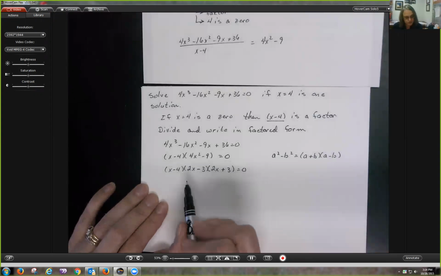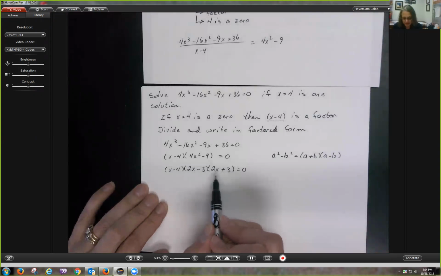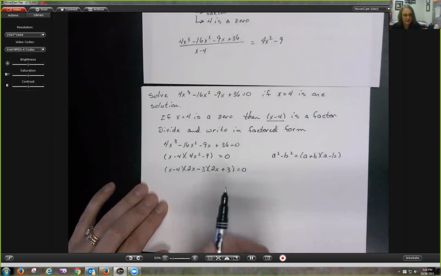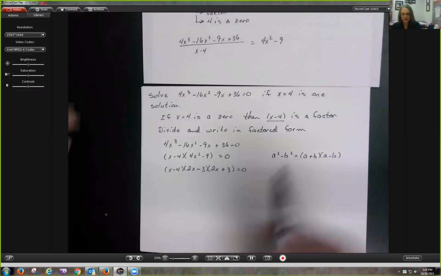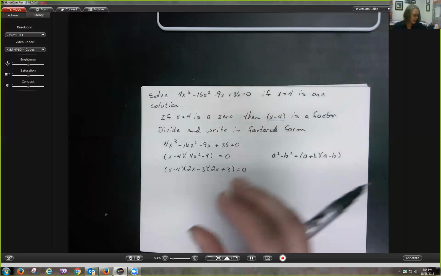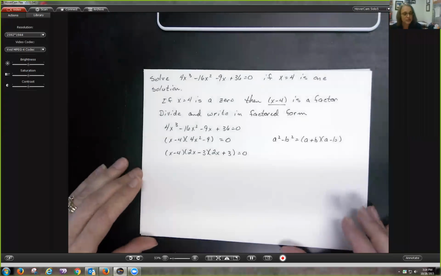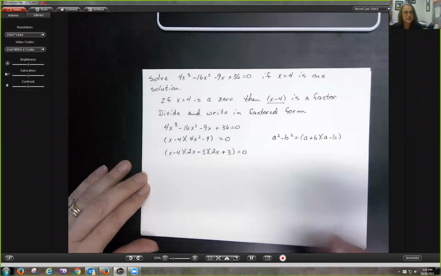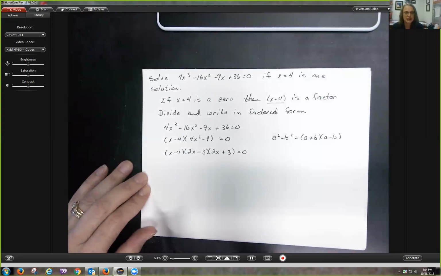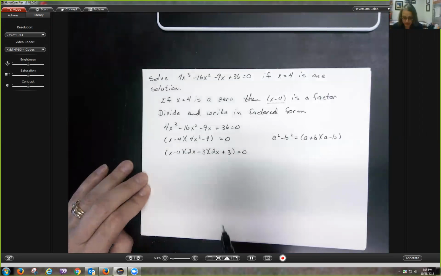Okay, now I've got 3 factors, all of which, if I multiply them together, equals 0. Think back and remember something called the zero factor property. The zero factor property says that if I've got 3 factors all multiplied together to equal 0, at least one of those factors must equal 0.